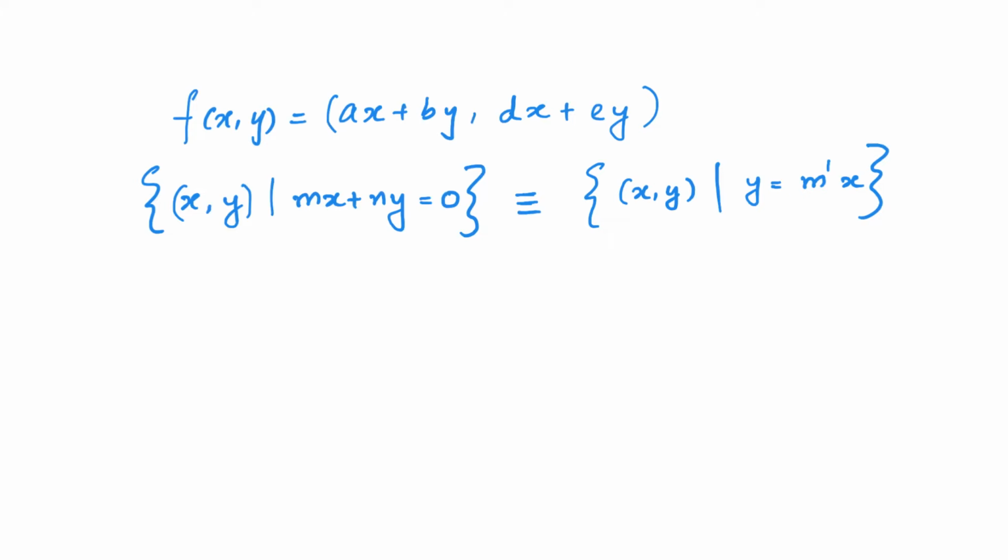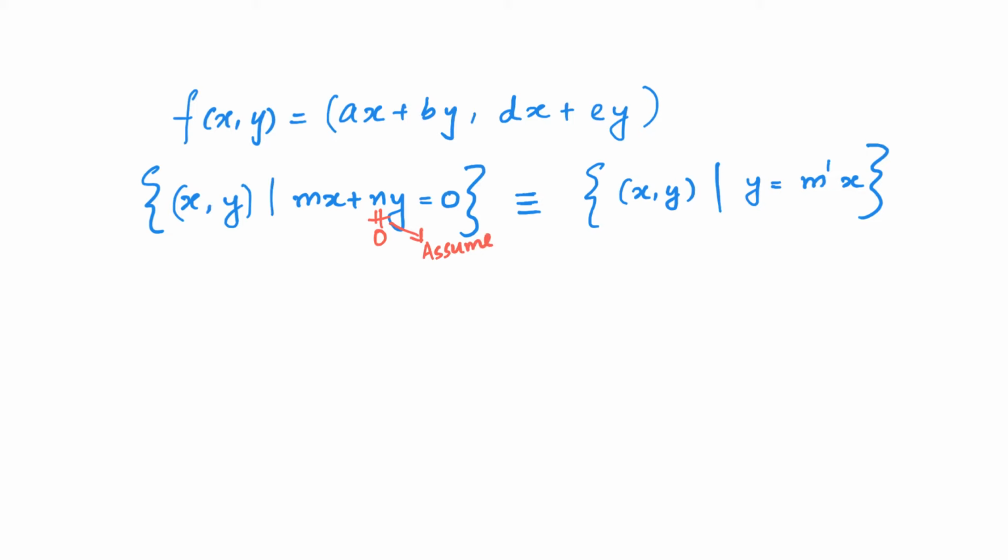In the special case where c, f and k are 0, the function has the form f(x,y) = (ax + by, dx + ey), and the line has the form: the set of all (x,y) such that mx + ny = 0. We know that at least one of m and n is not equal to 0, and for simplicity, let us assume that n is not equal to 0.